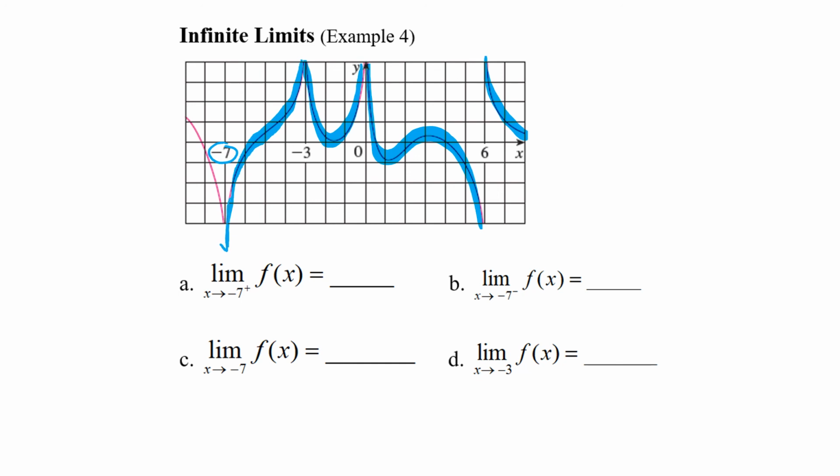And as I look at this piece here, it looks like from the right, I'm approaching -infinity, because as I get closer and closer to -7 from the right, my y values are getting more and more negative.